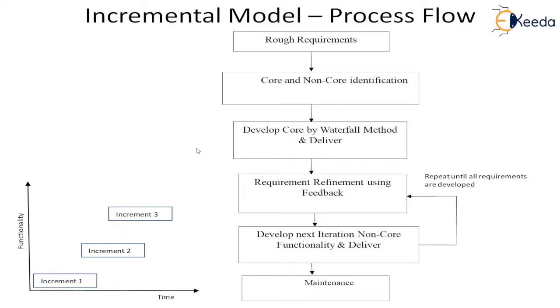Now, as we have seen, each increment is a waterfall. The development of each increment, this step as well as this step, follows a waterfall process model. So this is linearly sequential, this is linearly sequential. That means within an increment it is a waterfall, linearly sequential, but between these two there is an overlap.